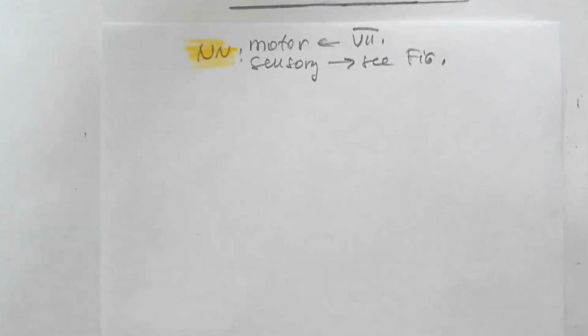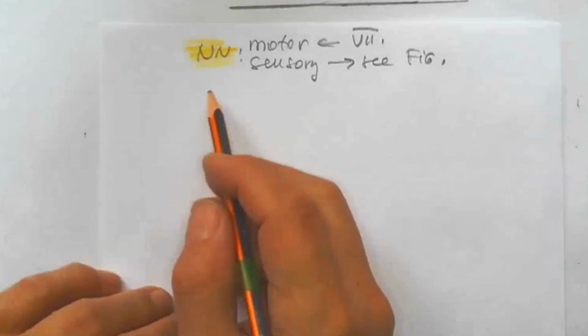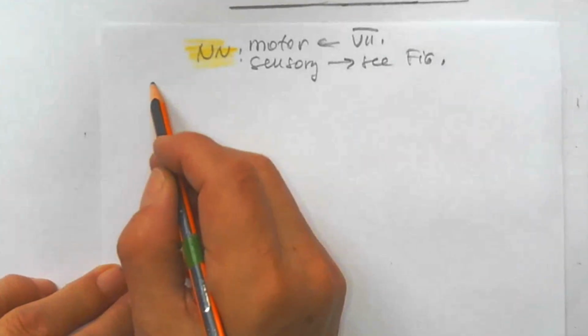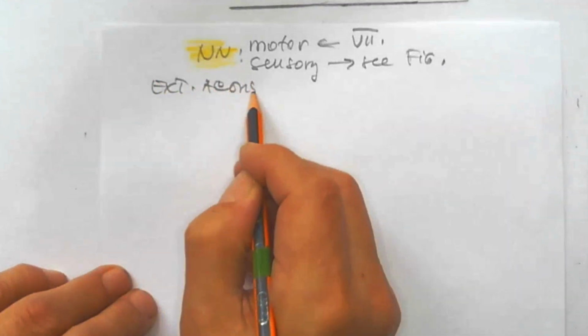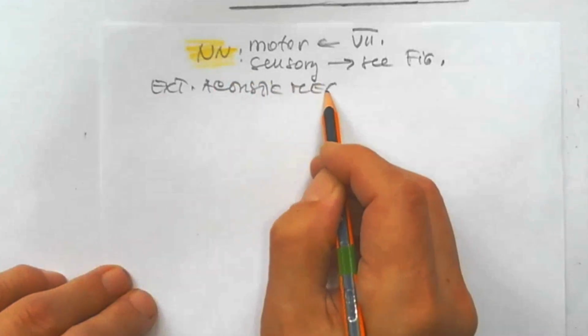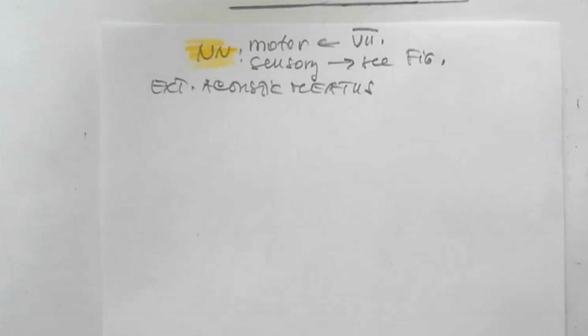Concerning the acoustic meatus, we have seen diagram. External acoustic meatus, maybe not bad to say external acoustic meatus, and the external acoustic meatus is the tube which runs lateromedially internally.